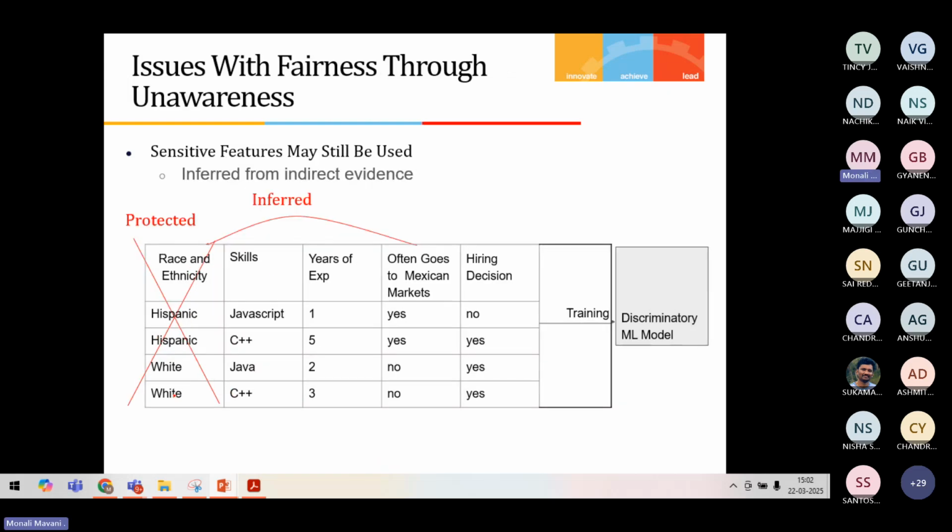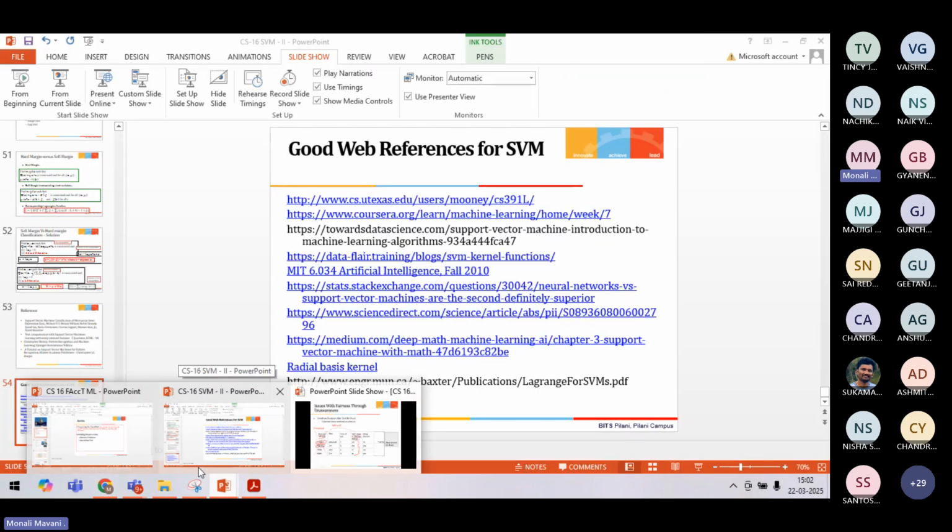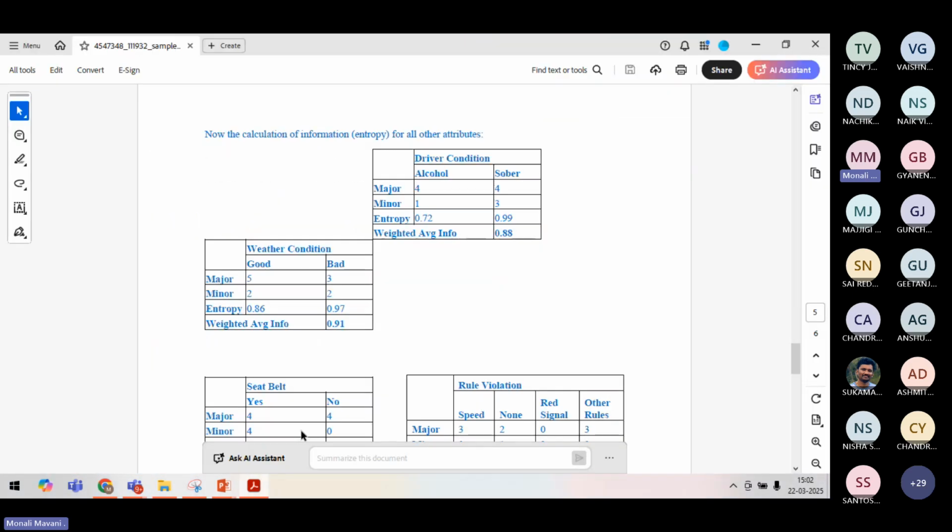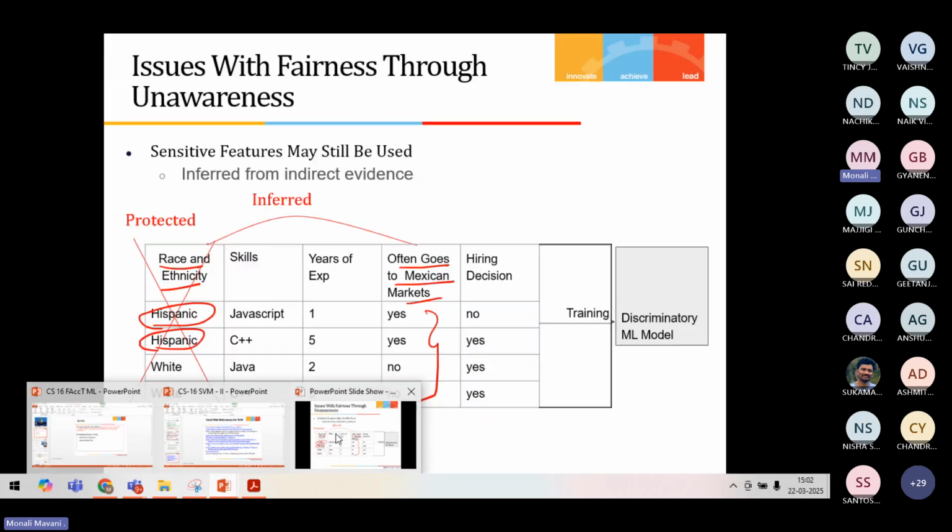So during data pre-processing, we can perform some feature transformation and create another feature. For example, Hispanic may become Mexican and white may become American, rather than differentiating between Hispanic and white. Something like this can be created to avoid bias in the data. If the data has a bias, definitely your model will learn whatever comes out of that bias.